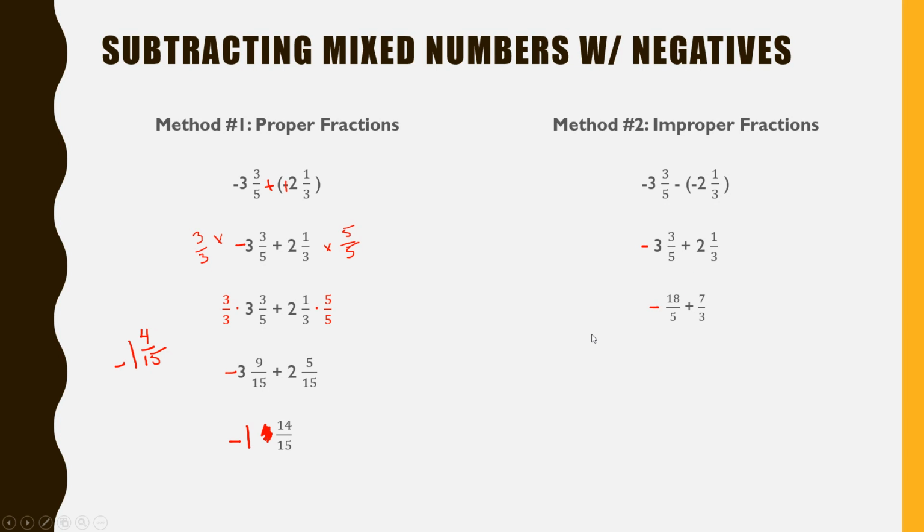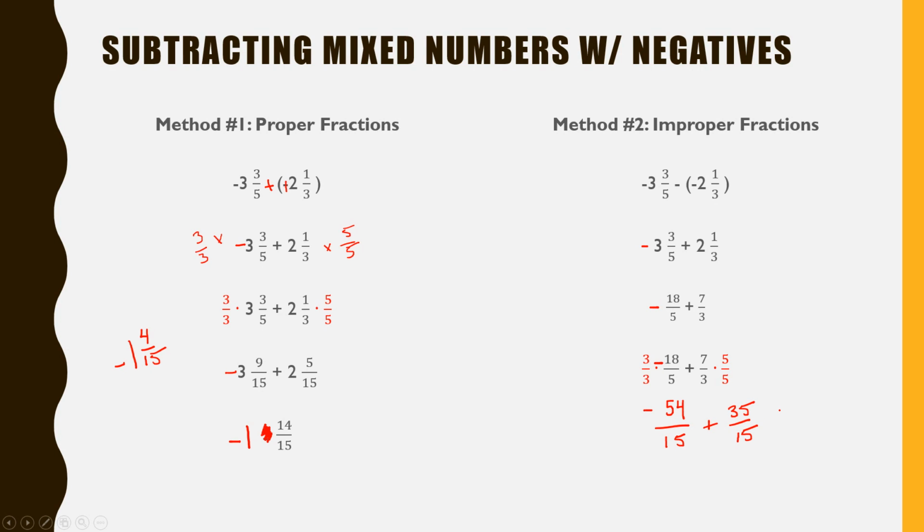Okay, and I'm just going to write the rest of these in from here because it's probably going to be wrong. So since the signs are the opposite, we have to remember, okay, we have to first put into common denominators. And so we will multiply the left side by 3 and the right side by 5. And then what that will give us is a negative 54 over 15 plus 35 over 15.